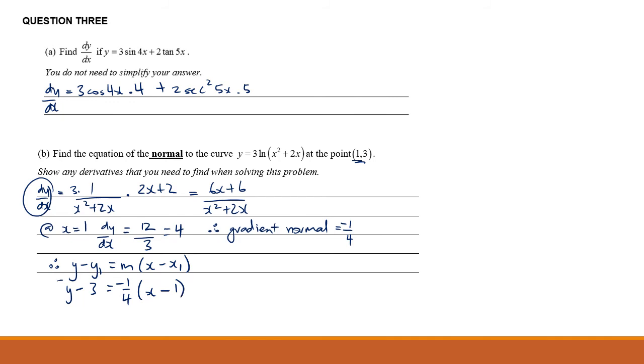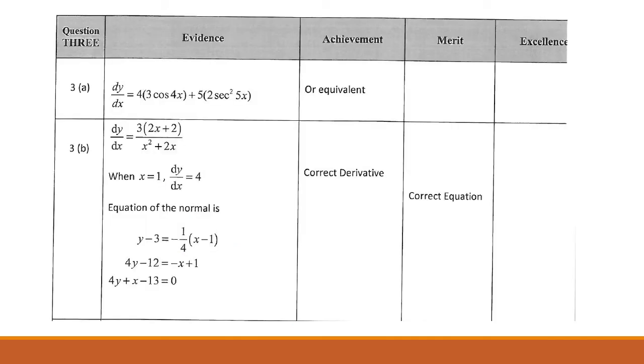Now, I don't want that fraction there, so I'm going to times the whole thing by 4, which gives me 4y minus 12 equals negative x minus 1. Oh, sorry, expand the brackets first, and rearrange it so it's in the same form, equals 0. Again, hopefully a pretty easy equivalent version of that. It didn't need to be perfect as that is, but yeah.